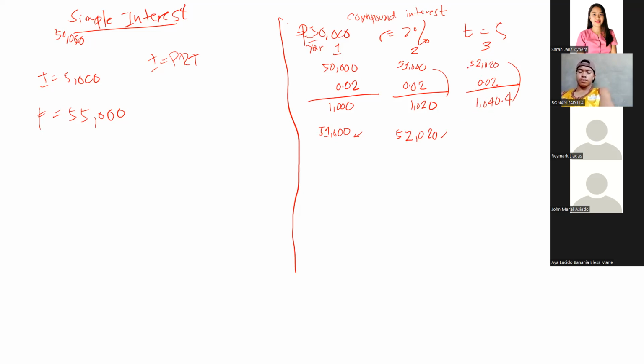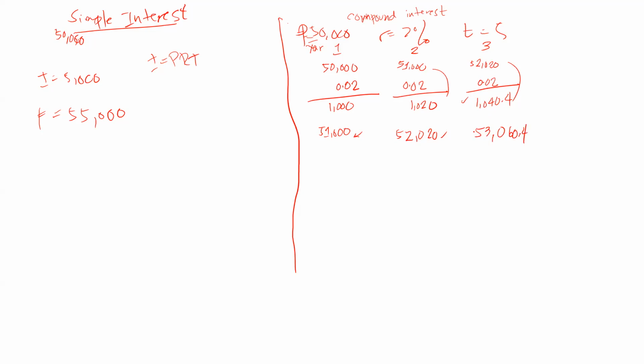I-add mo lang ining accumulated amount from the previous year plus su interest for the current year: 52,020 pesos plus 1,040.4. Ang babayadan mo, 53,060.4.